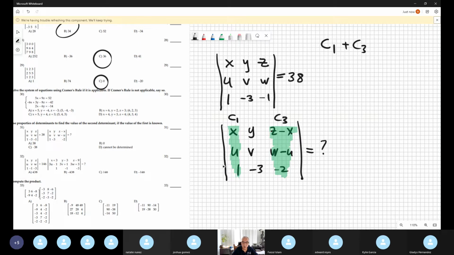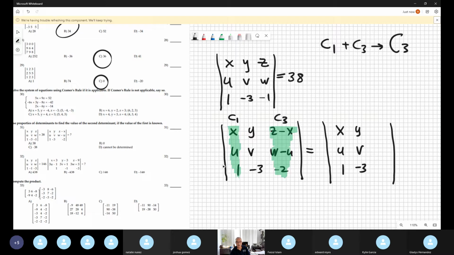So you are doing this column operation, which is impossible in a matrix, but in a determinant, yes, you can manipulate with the columns. It is obvious that after this operation, this column stays the same, this column stays the same. However, the column that changes is column 3, which is the addition.